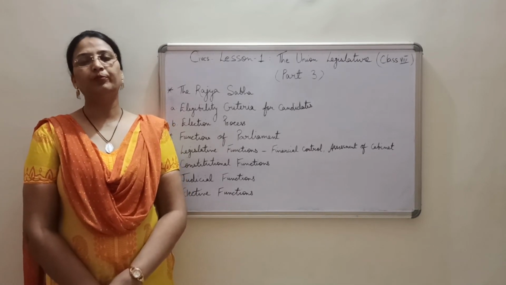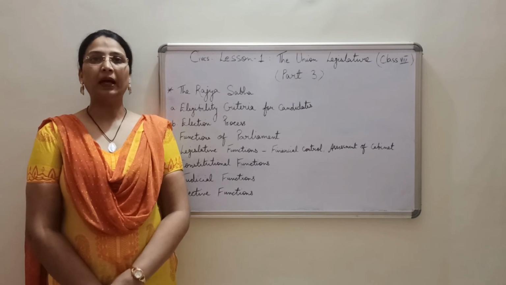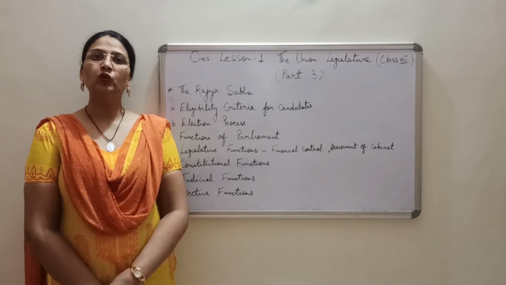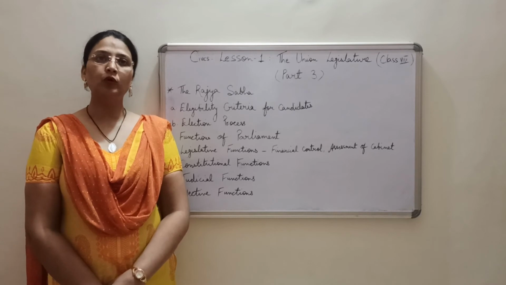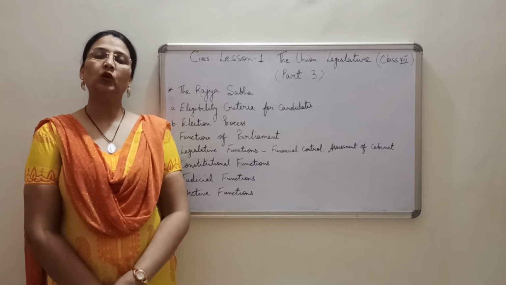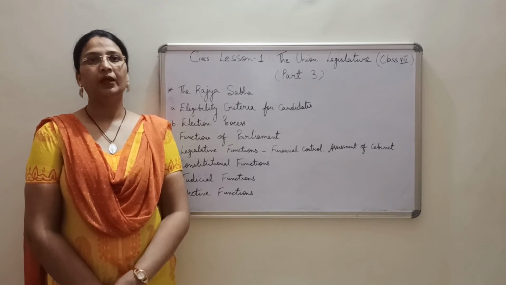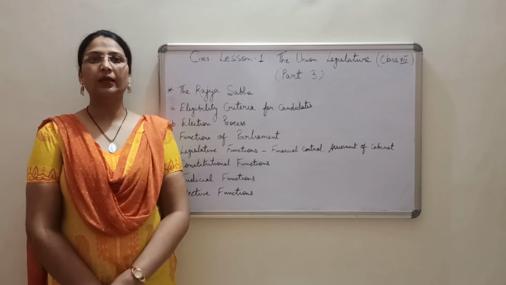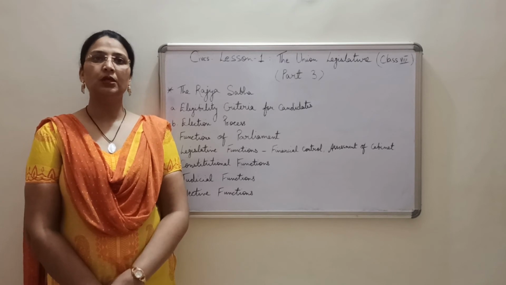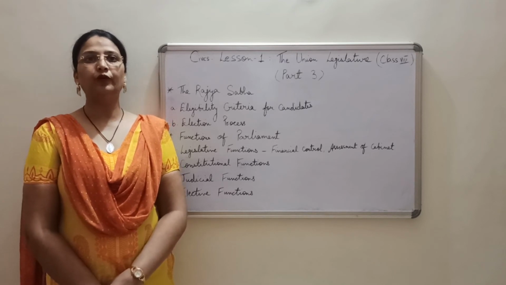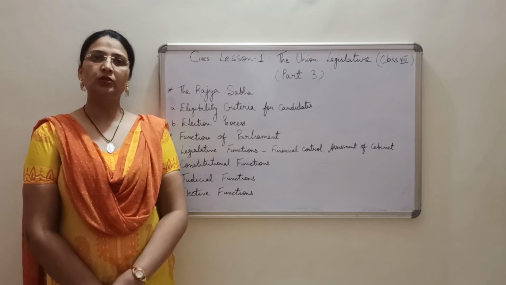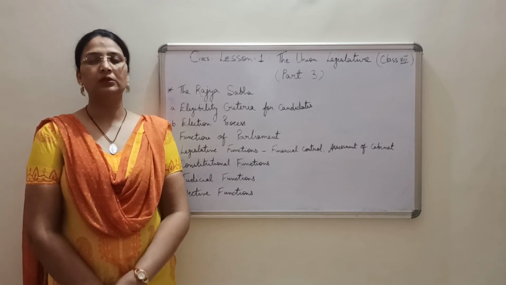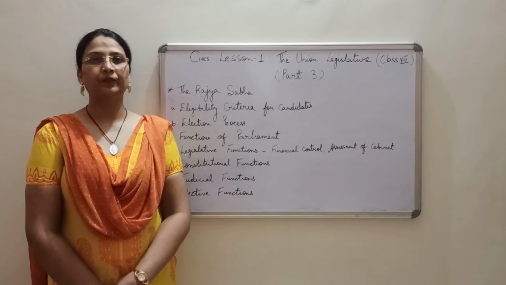Constitutional functions of Parliament. Only Parliament is empowered to initiate any proposal for amendment of the Constitution. A bill for amendment can be initiated in either House of Parliament. However, the state legislatures can pass resolutions requesting the Parliament for the creation or abolition of the Legislative Council in the state.